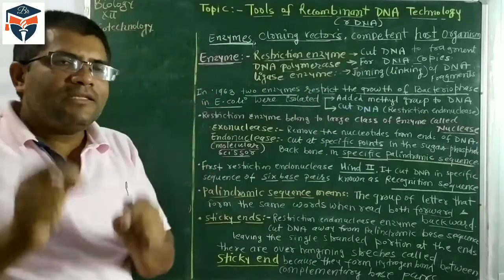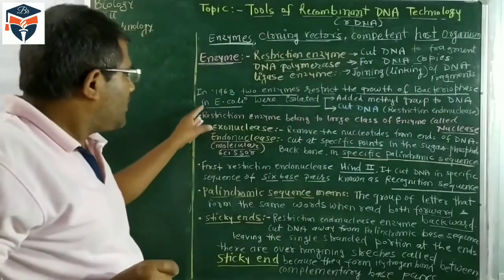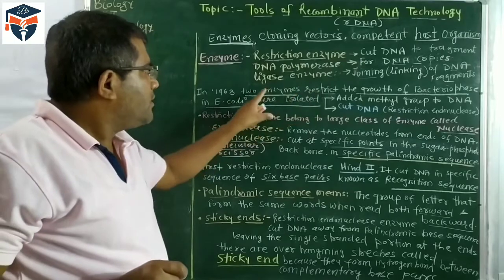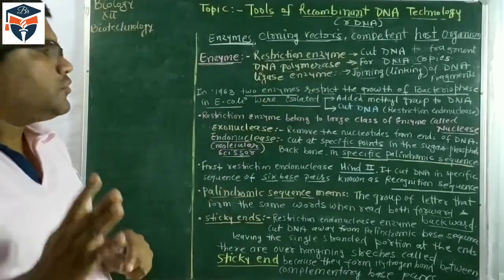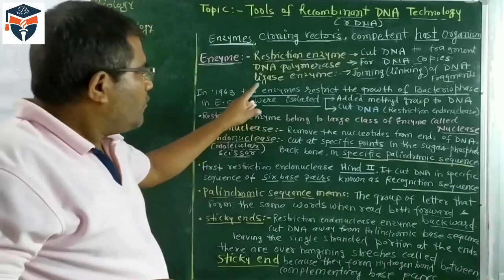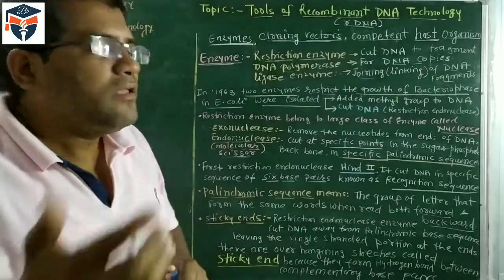In 1963, the growth of bacteriophage in E. coli was restricted due to two enzymes. Two enzymes were isolated in 1963 which restrict the growth of bacteriophage in E. coli.